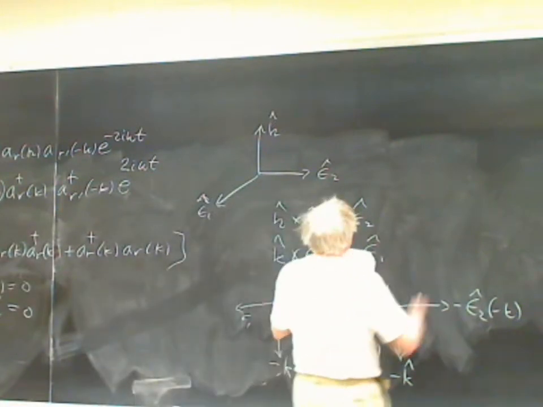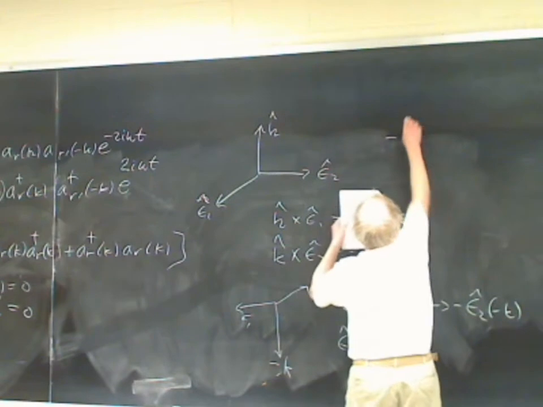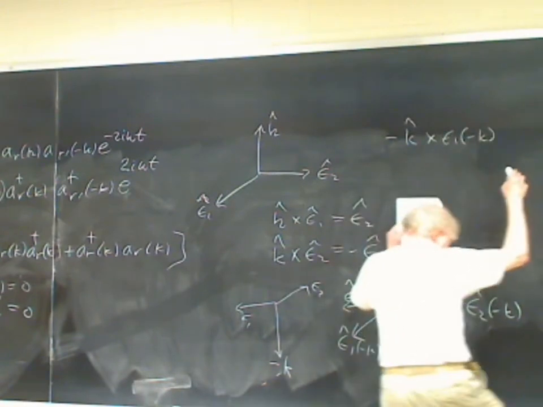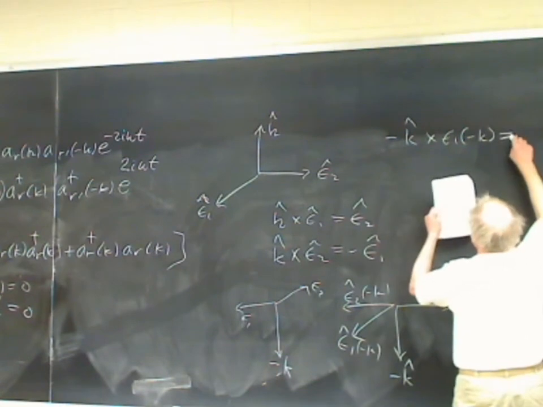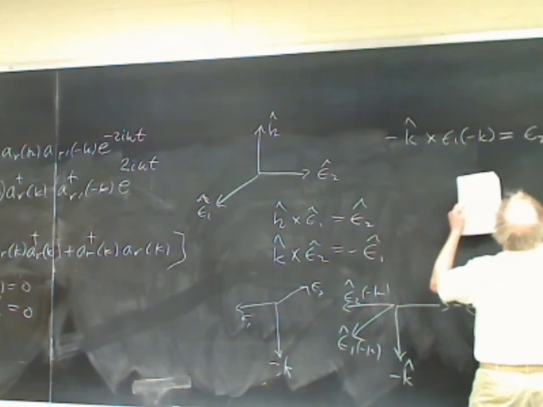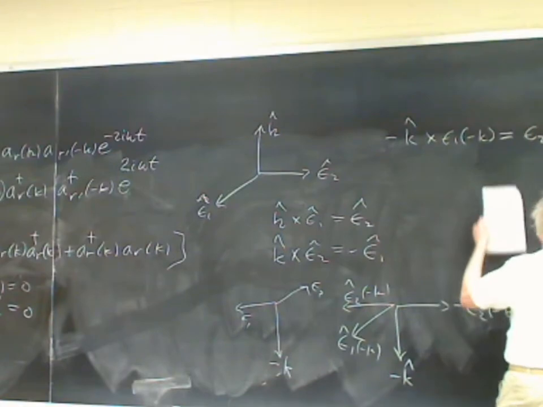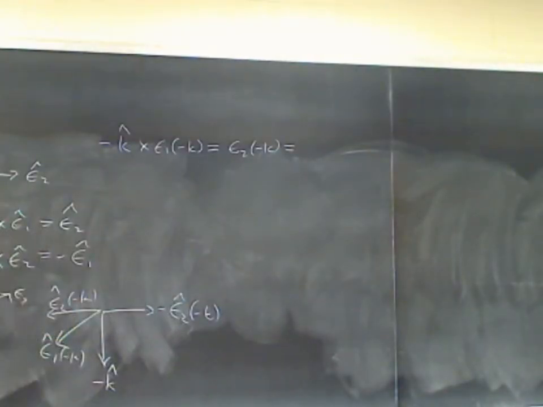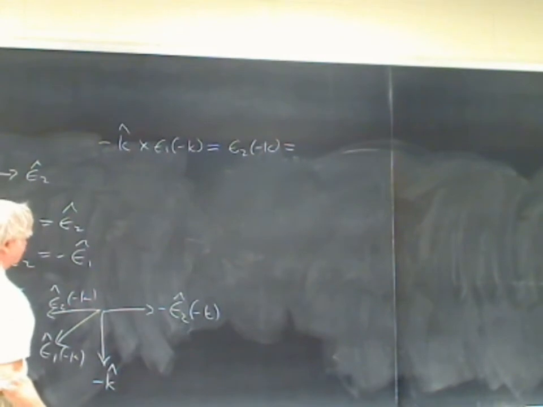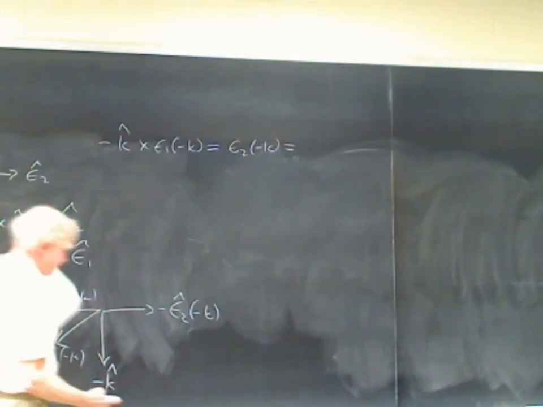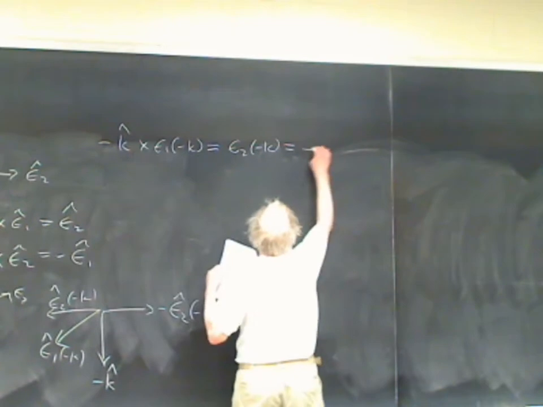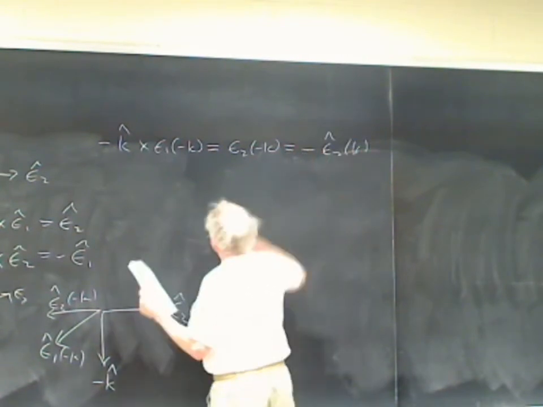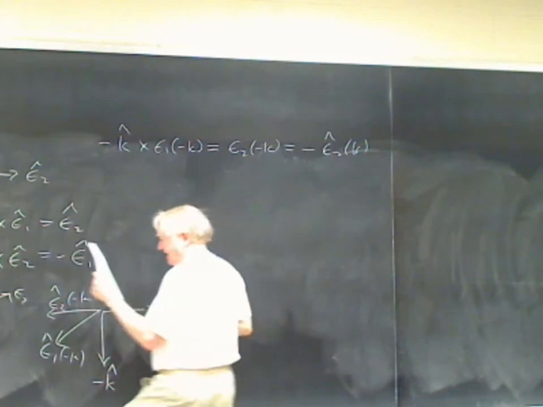All right. So now what we have is minus k hat cross epsilon 1 of minus k, and epsilon 2 of minus k, which, by the way, if we now compare this diagram with that diagram, we see that epsilon 2 of minus k is minus epsilon 2 of k. I don't think we need the hats on the epsilons.